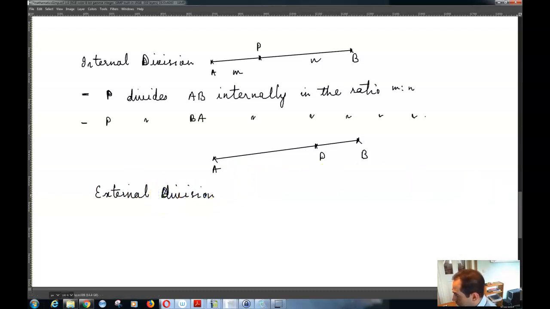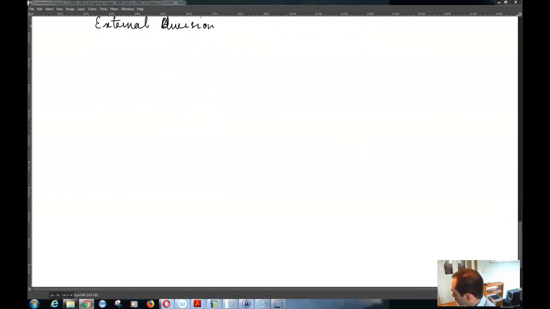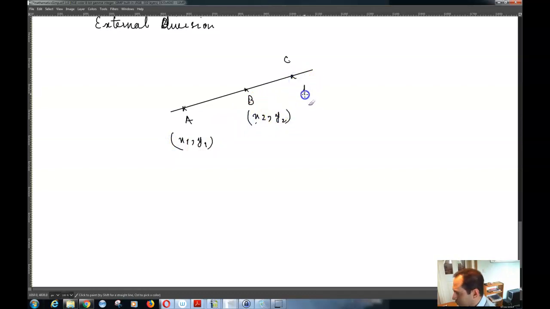What we derived so far was that if there is a line segment over here, let's call it A and B, and there is some point over here, C. If the coordinates of this point are x1, y1, the coordinates of this point are x2, y2, and the coordinates of this point are h, k, then if AC to BC is equal to m to n, the formula that we got in this case was as follows.